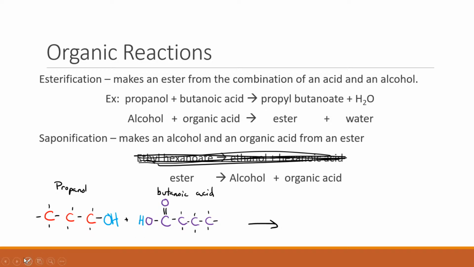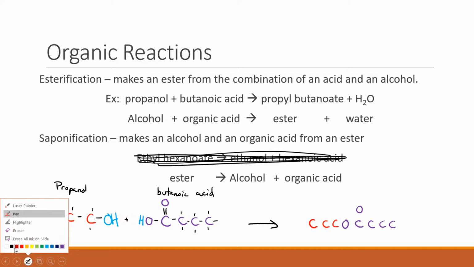So when I then attach these pieces, I'll go back to my red and I'll put my 3 carbons. I'll go back to my purple and I'll put my oxygen and then my 4 carbons and my other oxygen. I'll use black to fill in all of those bonds.